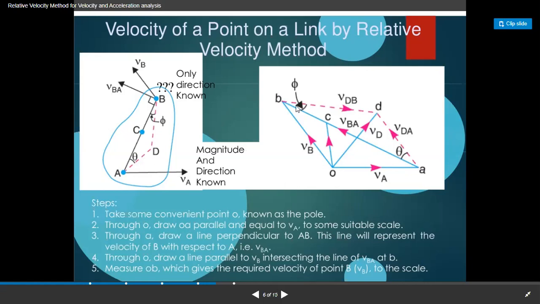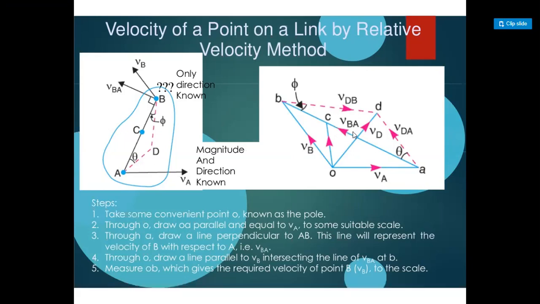Now measure the line AB and the line OB. The value of AB gives the velocity of B with respect to A.